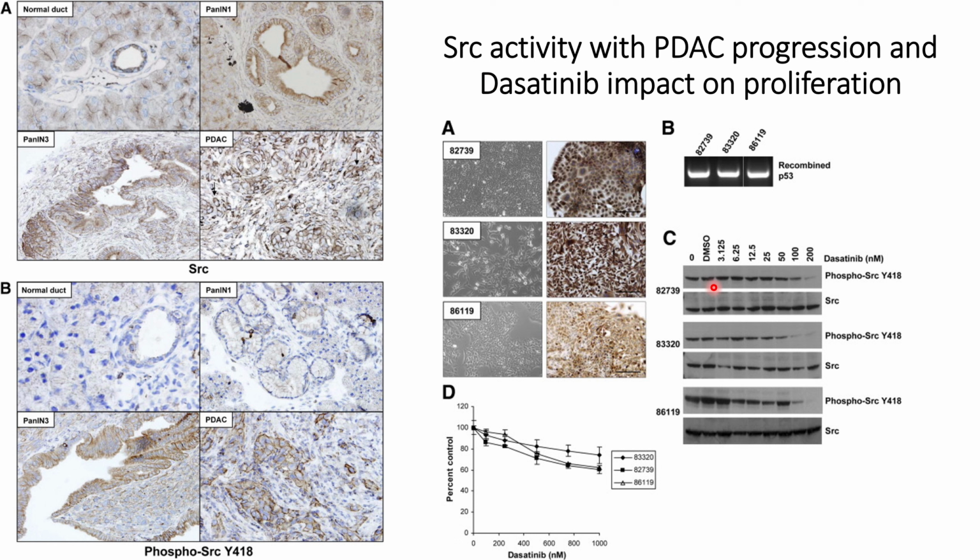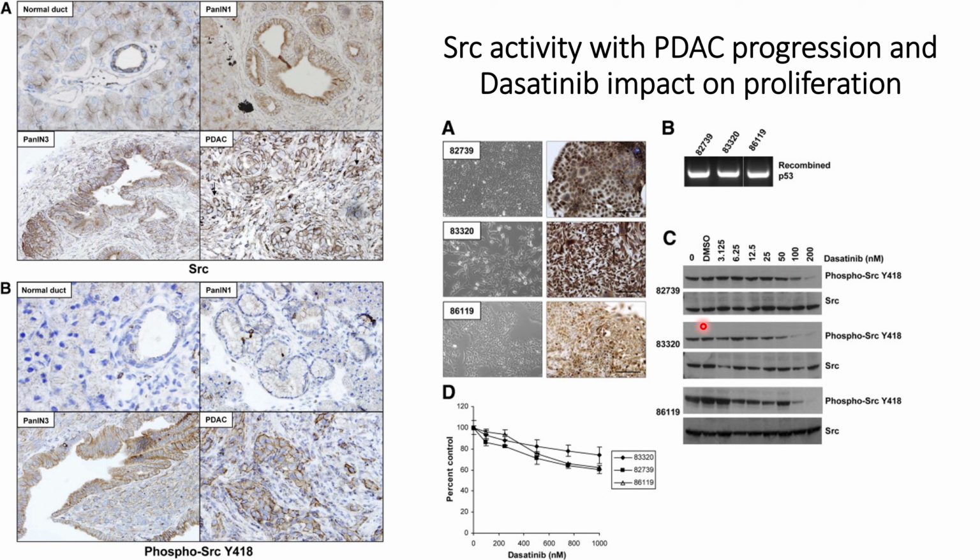We can see that with increase in the concentration of dasatinib, the activated SRC signal goes down, and at 200 nanomolar it goes down to almost negligible. They observed this for all three cell lines, 82739, 83320, and 86119. The trend is the same: with increasing dasatinib concentration, the activated SRC goes down.